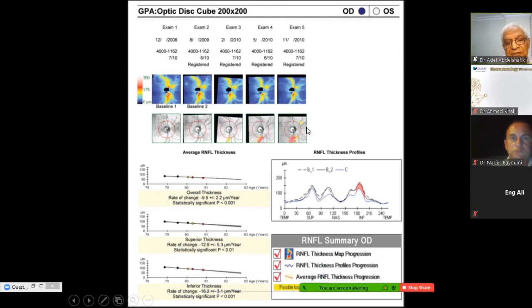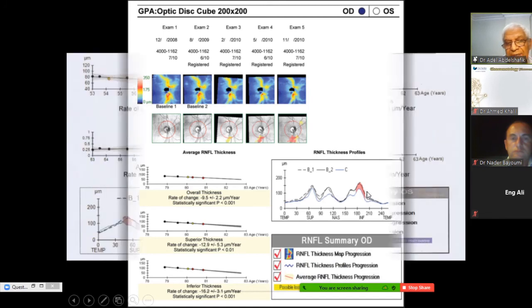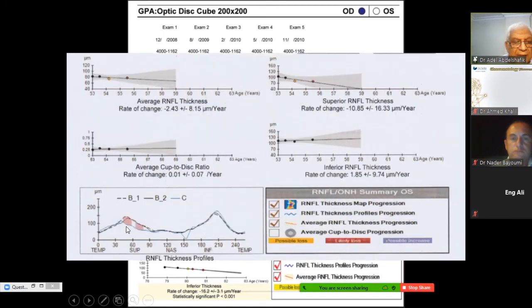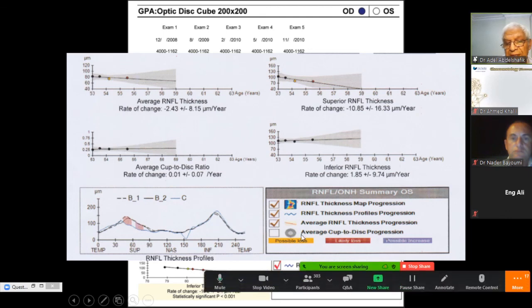You can see here baseline 1, baseline 2, and current. The blue one is depressed here and it's highlighted for you, and you get the regression line for the thickness, the cup disc ratio, the superior, the inferior, and sometimes even here they give the answer to you.